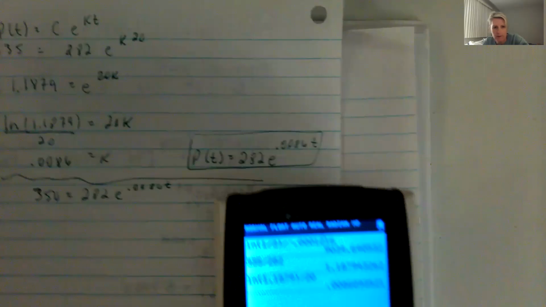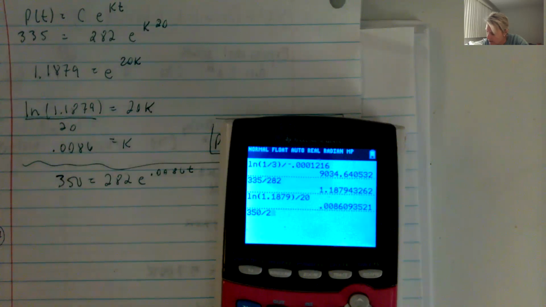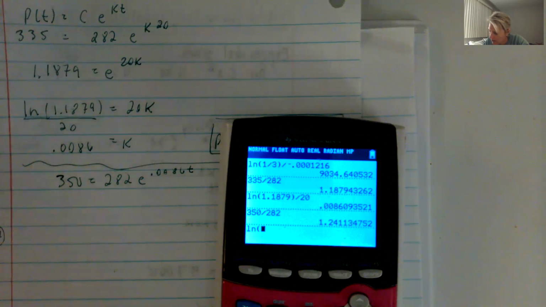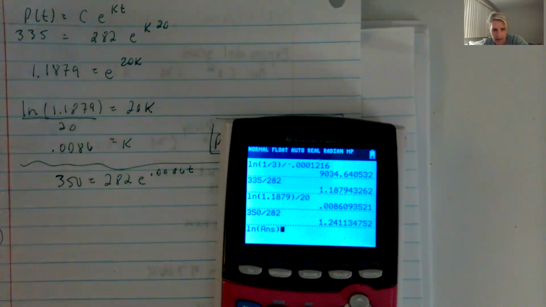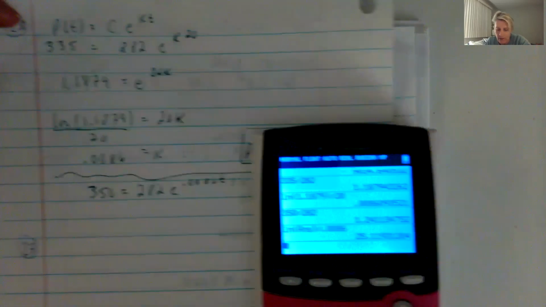Let's save some room and do this on our calculator. We do 350 divided by 282, so that's a ratio, and we take the natural log of that previous answer. After we take the natural log of both sides, we divide by 0.0086 to find t. So it looks like in 25 years.